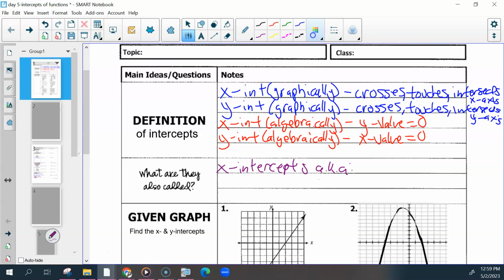Solutions. Zeros. Solutions, and then that's the third one. Is it roots? It is roots. Solutions, zeros, and roots are all interchangeable for x-intercepts. Y-intercepts are just y-intercepts.